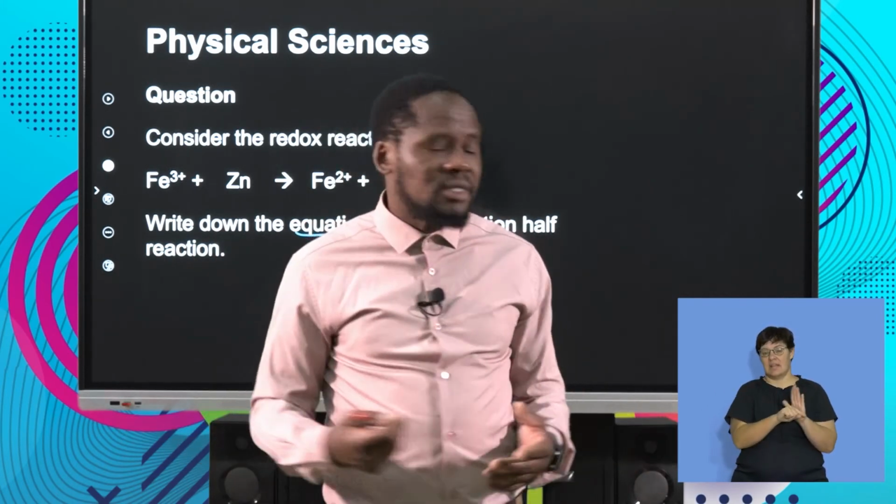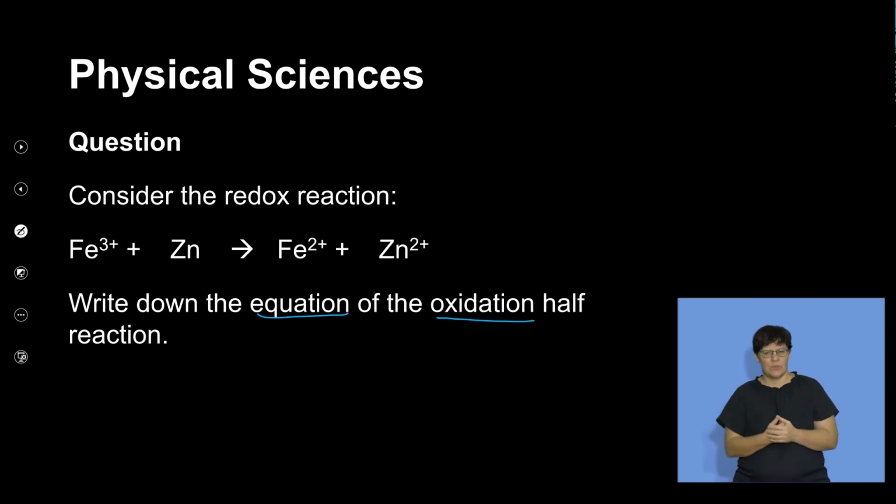Exactly how do we represent that? For oxidation, we want a substance whose oxidation number increases. We have identified that zinc, according to the laws of assigning oxidation numbers, as an atom has 0 oxidation number, then here it's plus 2, right? So zinc has lost electrons. But how do we represent that? Because that's what the question demands of us.